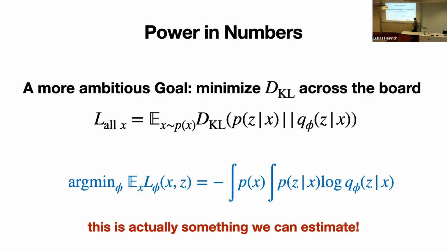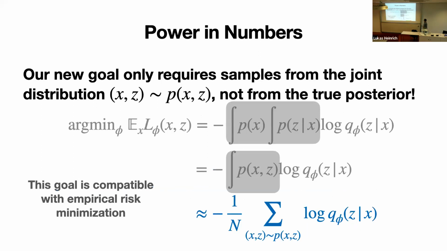And so if you write this down, you basically add one level of integral on top of this, so you integrate over p of x. Then from our KL divergence, we get this p of z given x. And now this is actually something we can estimate, because magic happens: the integral over x and z given x is nothing else than the integral over the joint.